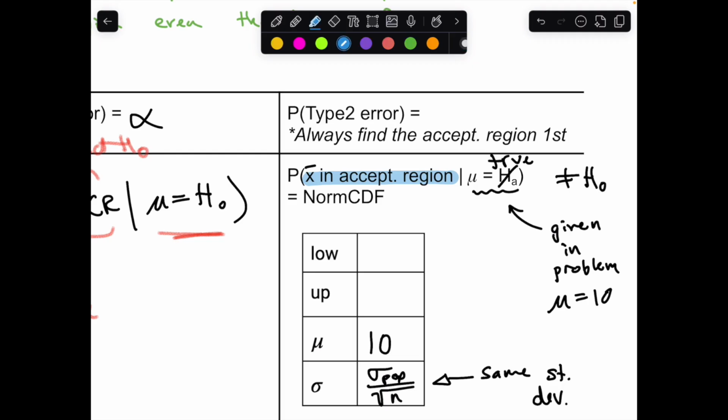And then your probability of falling in the acceptance region, well, let's say your critical value was 7 and you're doing a lower tail test. You would set it up like that. If you're doing an upper tail test, you'd have some really big upper bound, and your lower value might be, I don't know, 17, so you would calculate depending on what your tail is.